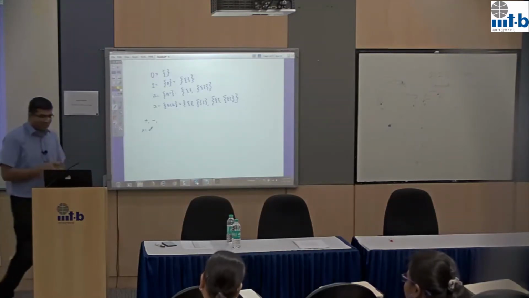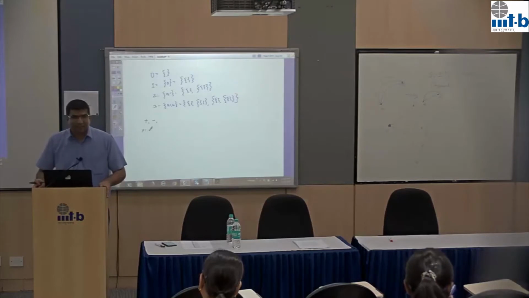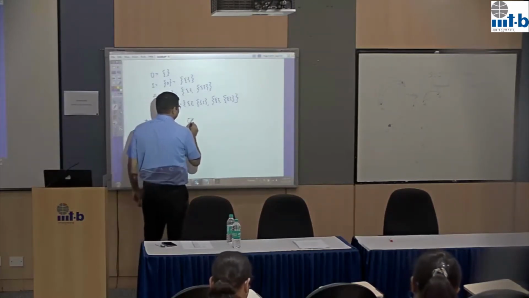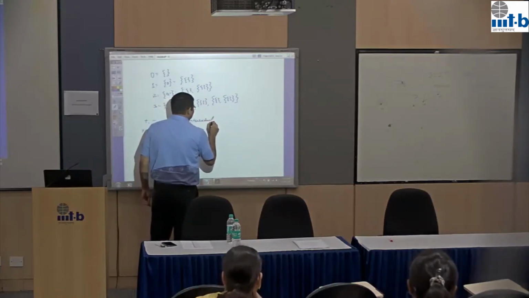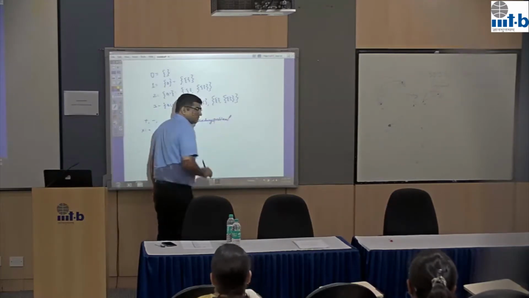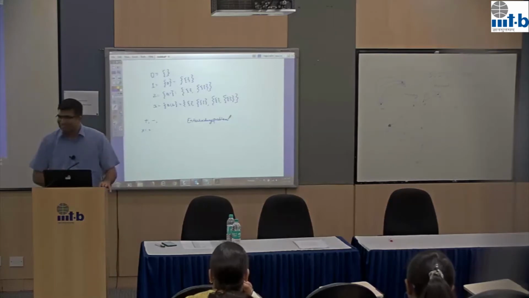Primarily the problem that David Hilbert gave at the turn of the 20th century is what is called the Entscheidungsproblem.